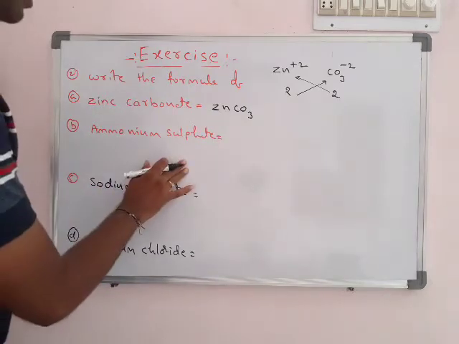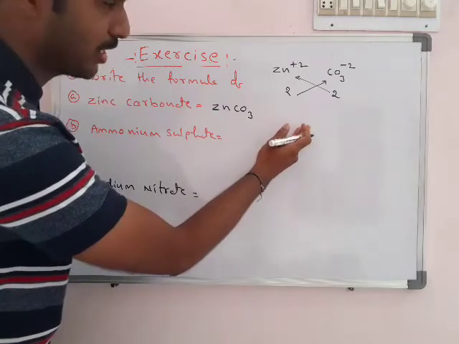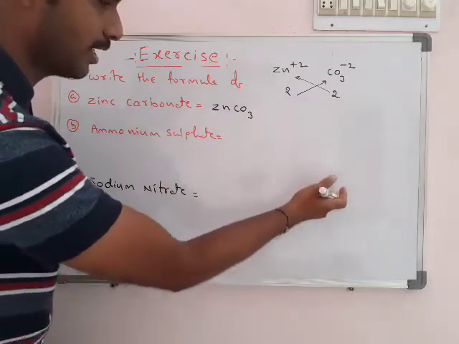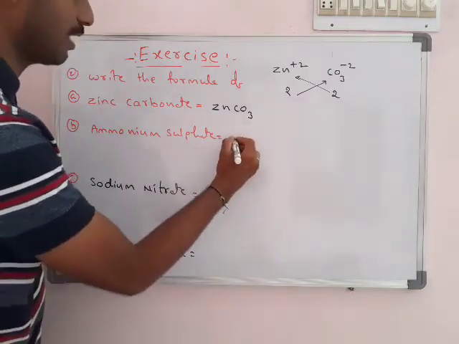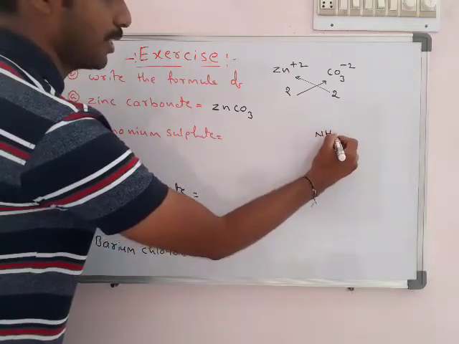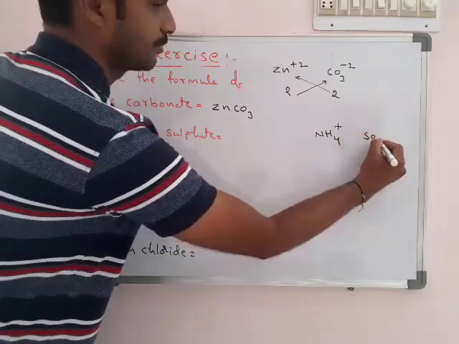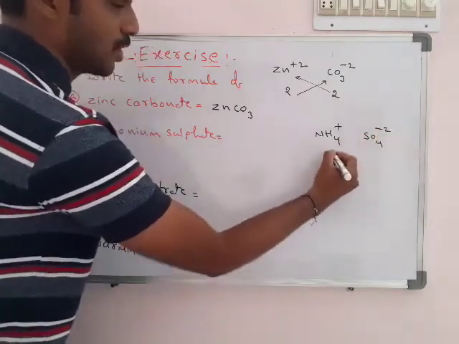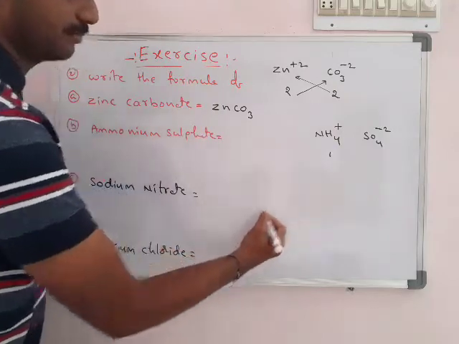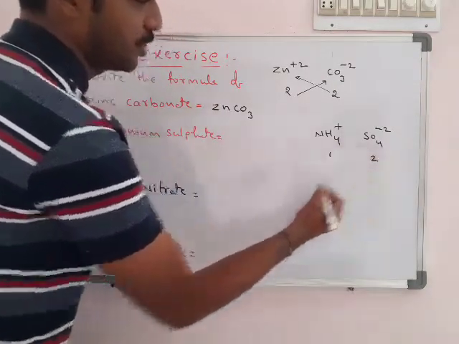Now ammonium sulfate. It is your choice; you can do the work here only. What is ammonium? Ammonium means NH4 plus. Sulfate means SO4 minus 2. How many units of positive charge? 1 unit. How many units of negative charge? 2 units.